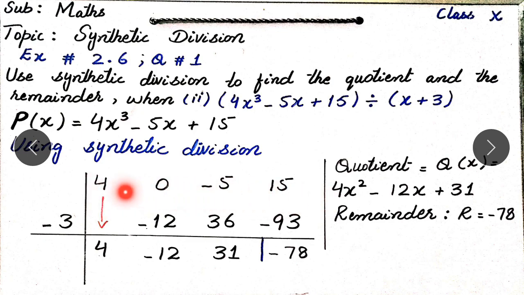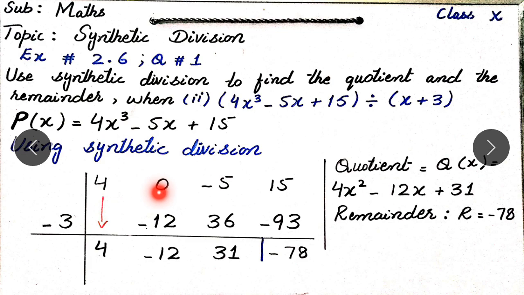As it was discussed earlier, we are going to use this symbol for synthetic division, meaning we mark one horizontal line and one vertical line here. Then you leave one line of space, and above it you write the coefficients of the dividend. As you can see, 4 is the coefficient of x cube, then x square is missing.